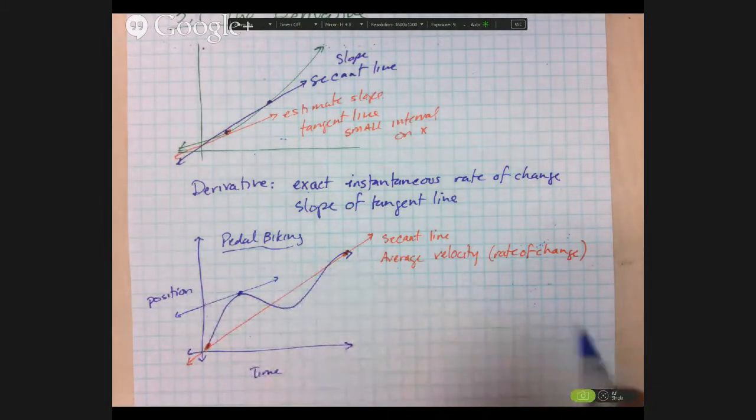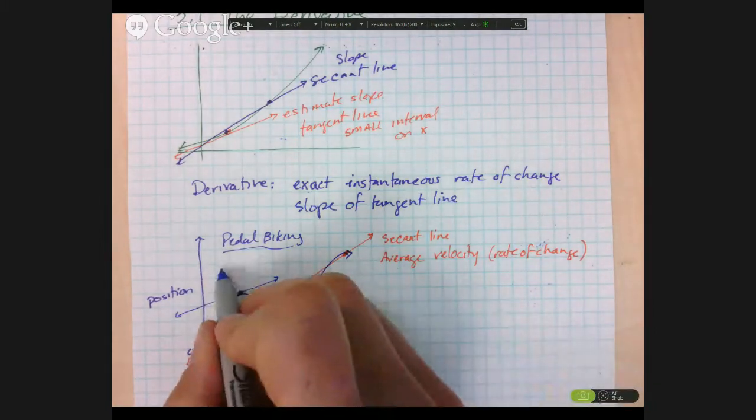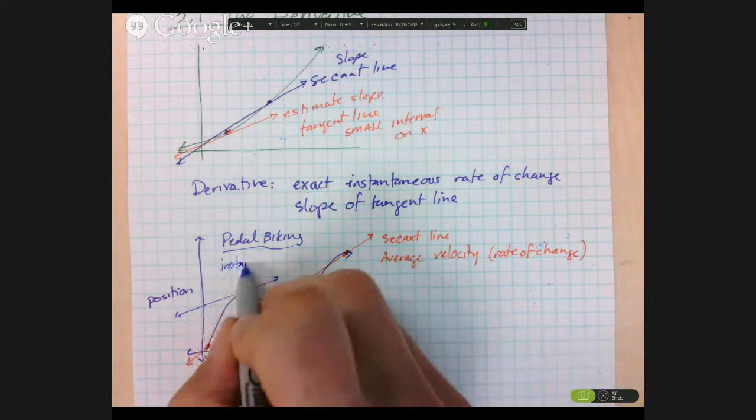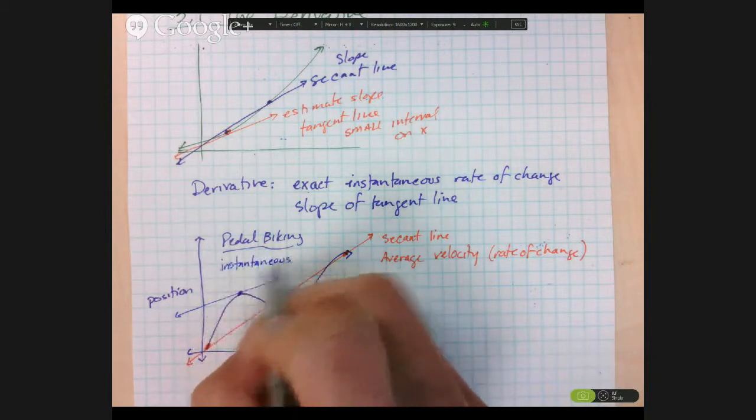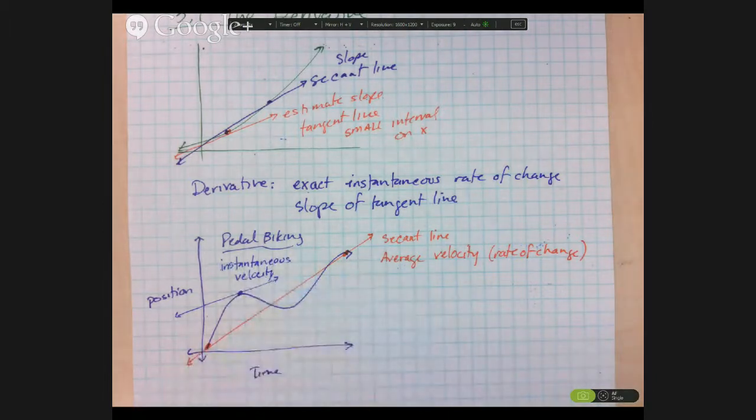How fast you're going there. Yes, it's instantaneous velocity. That's what a derivative does for us. It's like the little cop car sitting on the corner. The radar gun goes pew, and it has your instantaneous velocity, right?